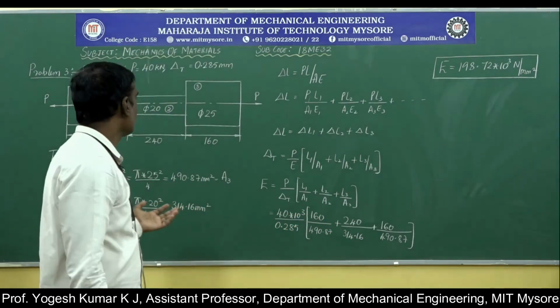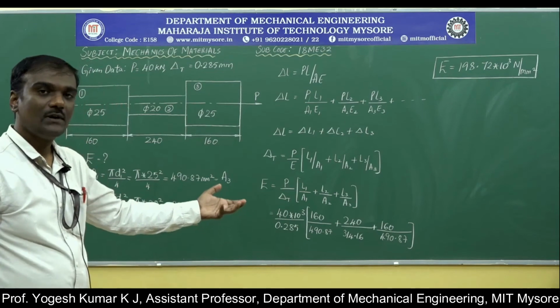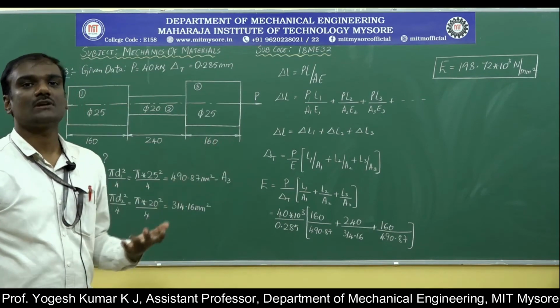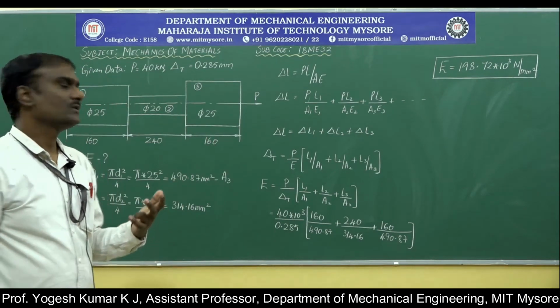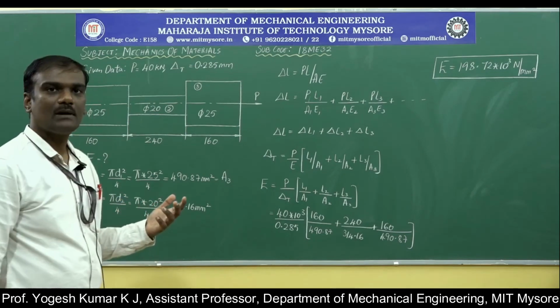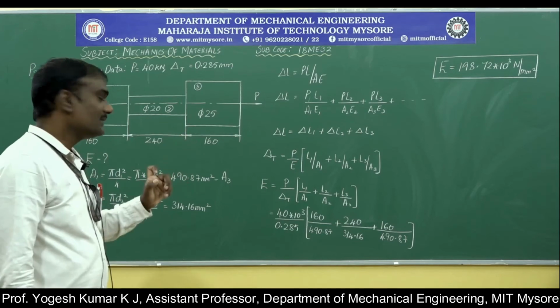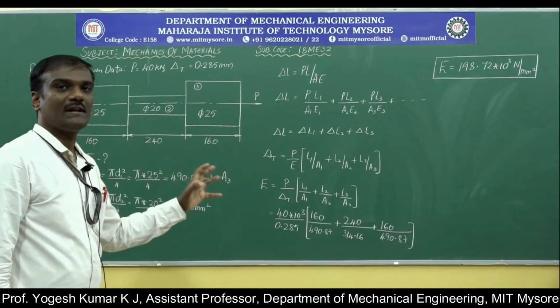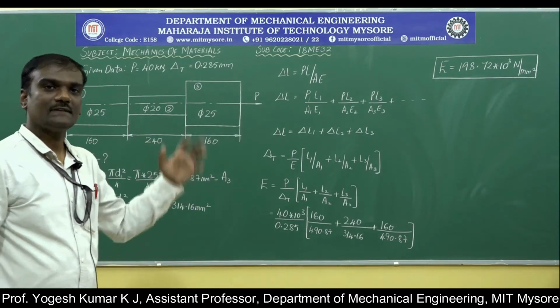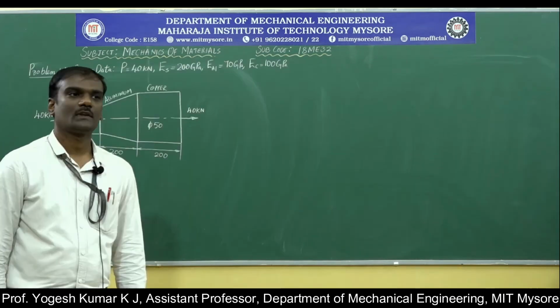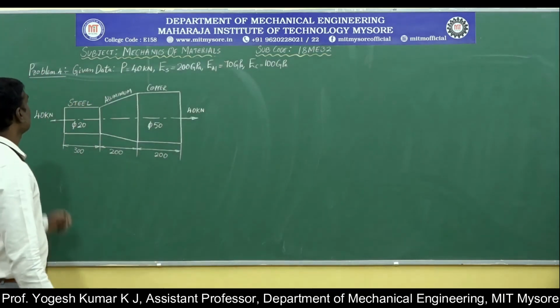So this is how we find Young's modulus when the load and extension of a member are given. In future we will see problems where Young's modulus is specified, load is given, and they ask us to find the total extension of the bar. So we have done the first problem. Let us move on to the next problem.